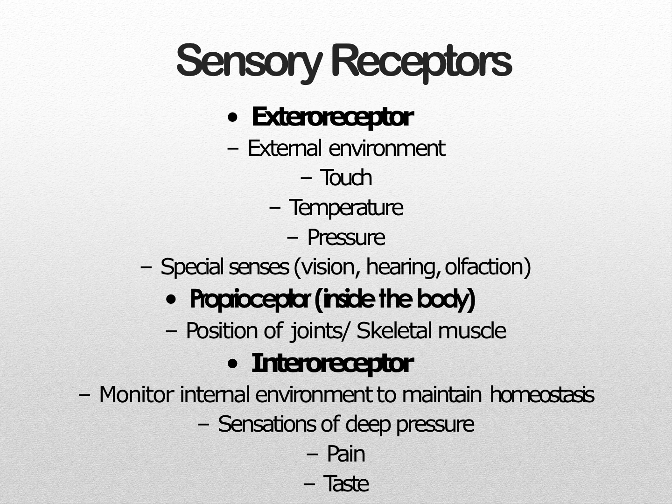We take in the environment in vision, hearing, olfaction. These are all called our special senses, and we have special sensory receptors for these special senses. So these are all part of this division of exteroceptors.